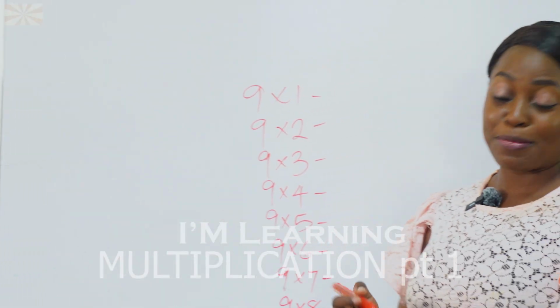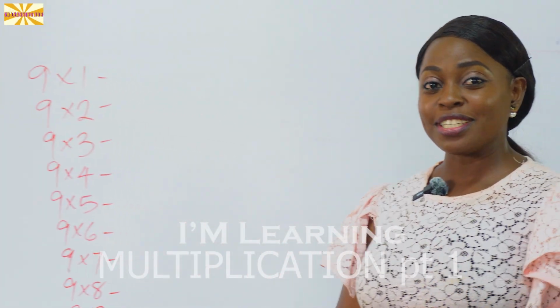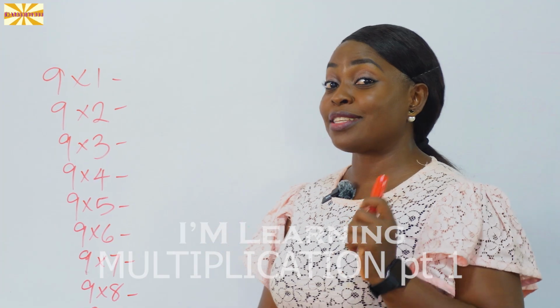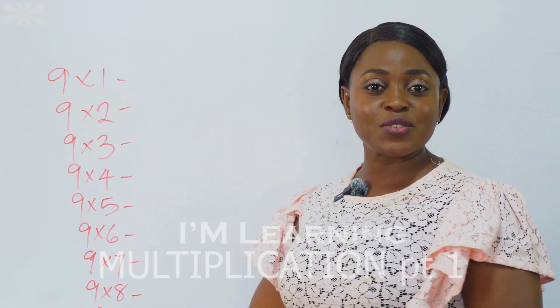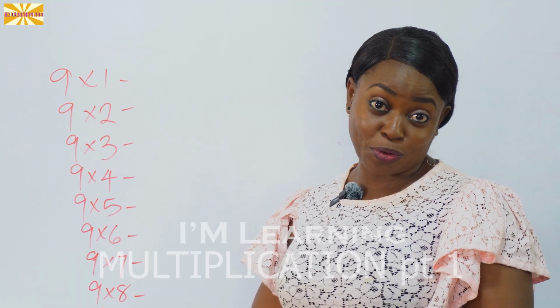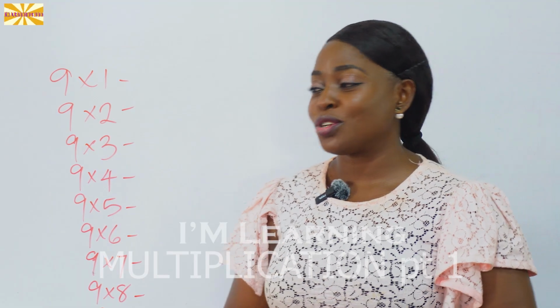So to do your 9 times table, watch carefully. Now this trick is super cool, but note that it only works up until 9 times 10. You're going to have to figure out 9 times 11 and 12 on your own. I'm so sorry. But let me show you this interesting trick.